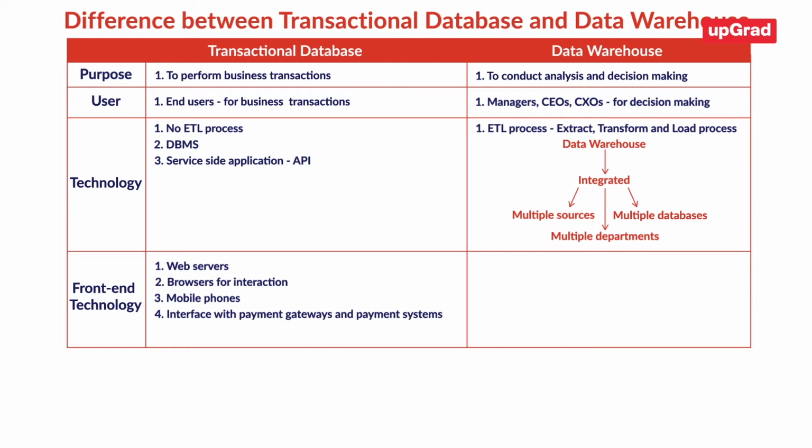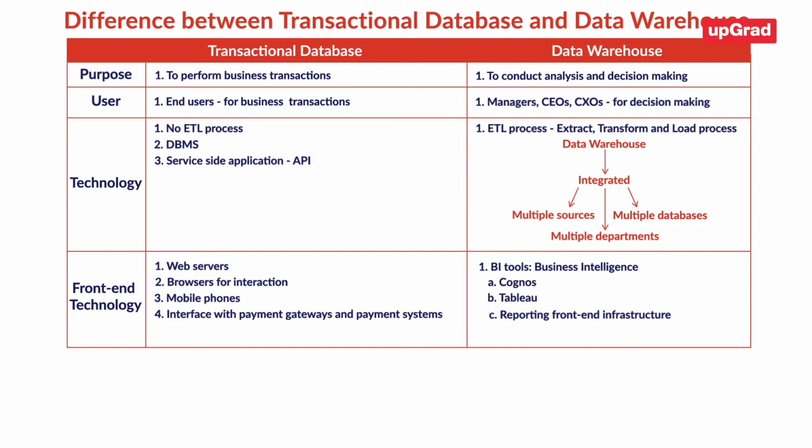For the data warehouse database, the front end is essentially only what we know as the BI tools, business intelligence tools, which means it contains lots of reporting tools. So you will have tools like Cognos, you will have tools like Tableau. You will have many reporting front-end infrastructure, because the intention of the data warehouse database is not to support business transactions.